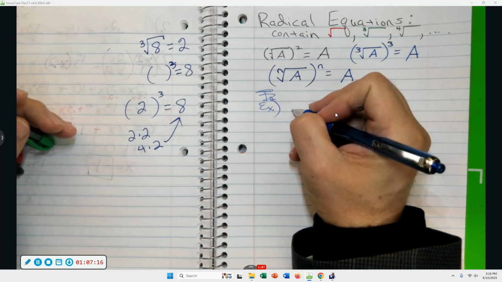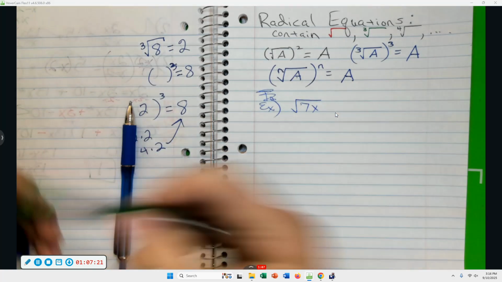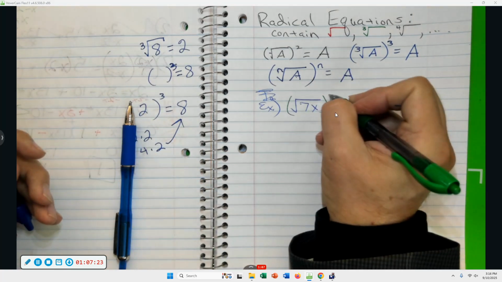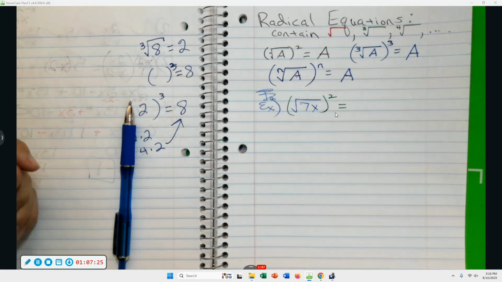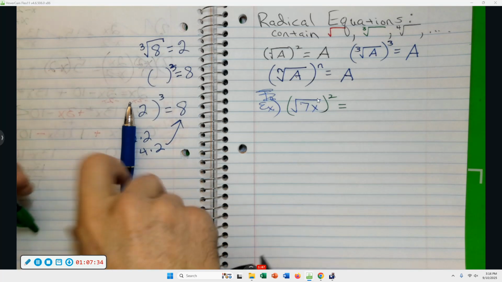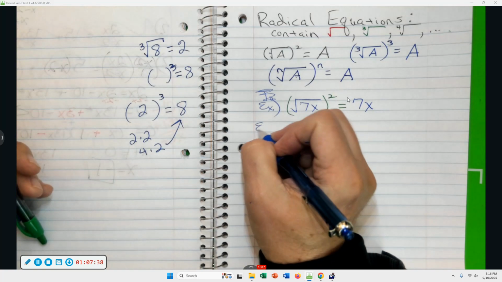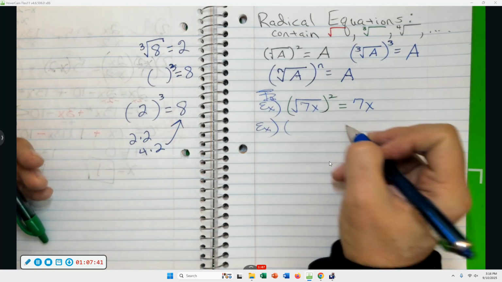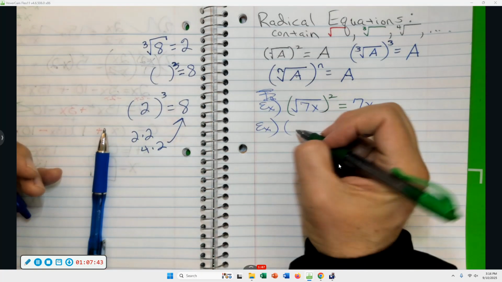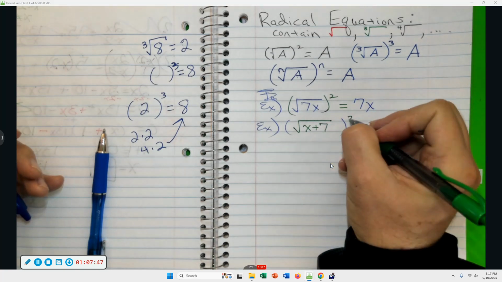Suppose we had the square root of 7x and I squared it. If we had a square root of 7x, what would that reduce to? Just 7x. Whatever's underneath the radical. Suppose we had, let's say, the square root of x plus 7 being squared.